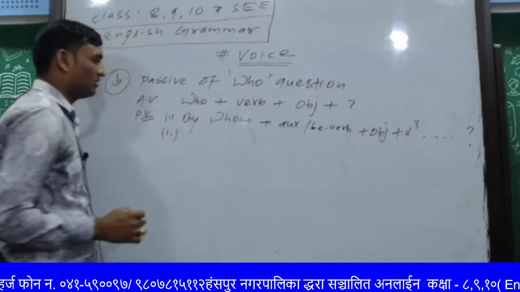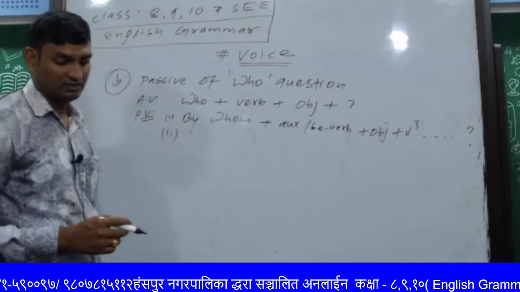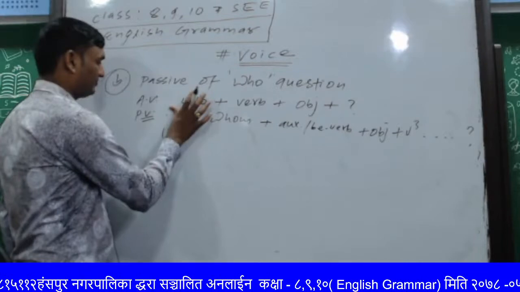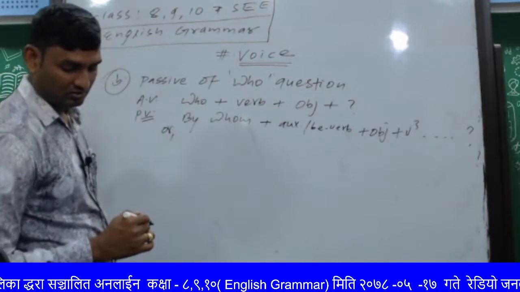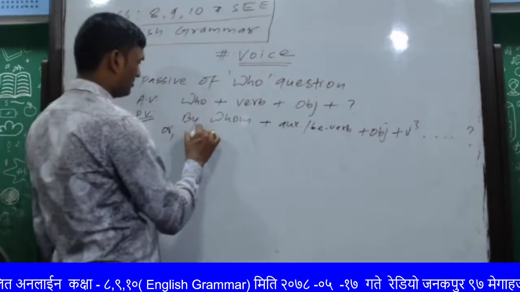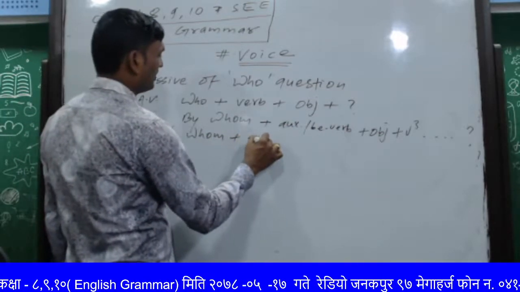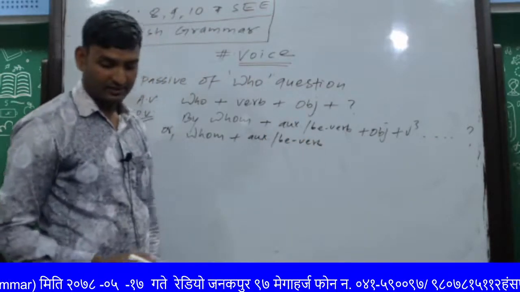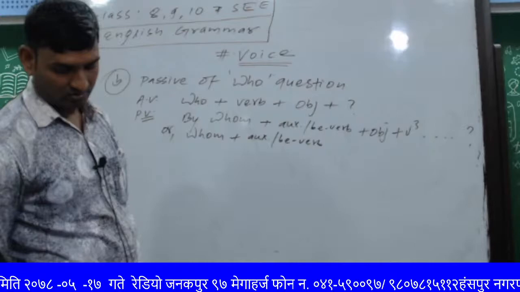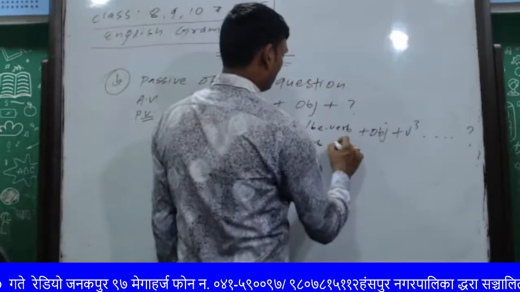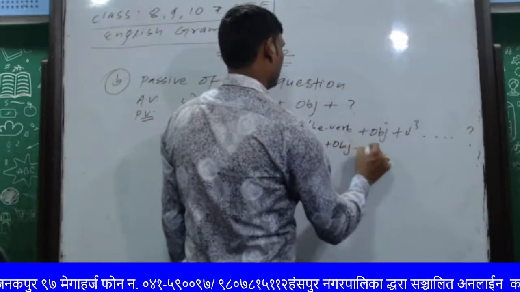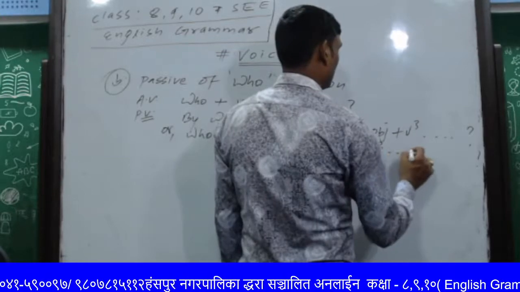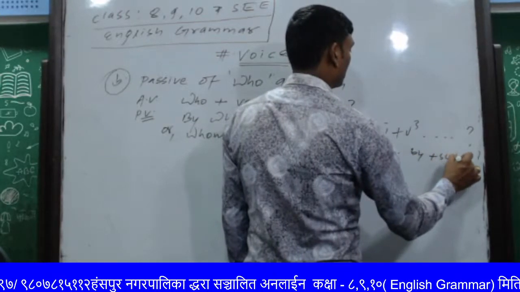Who question can be made in three ways. Number second: whom plus auxiliary verb or be verb, then object, V3, then after V3, by subject, question mark.